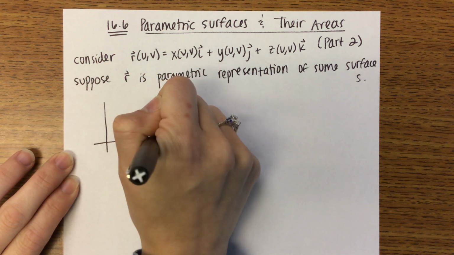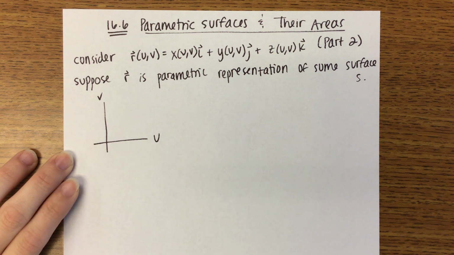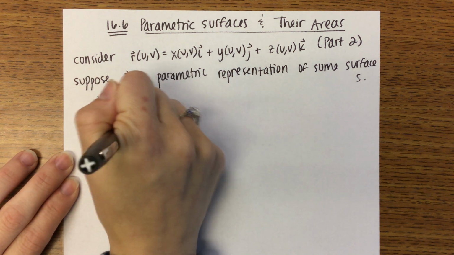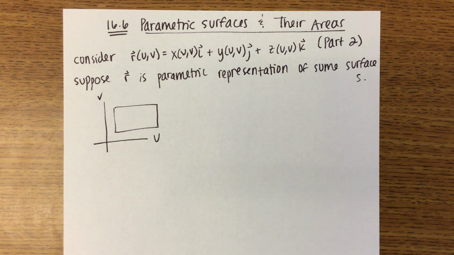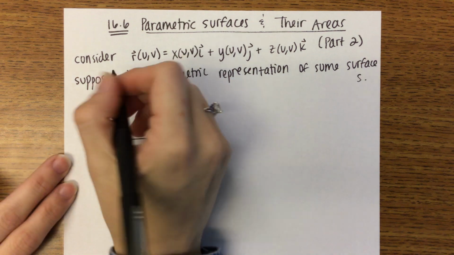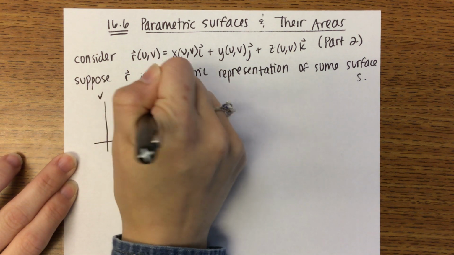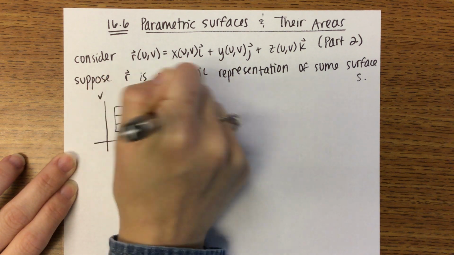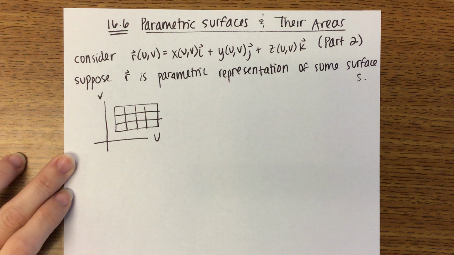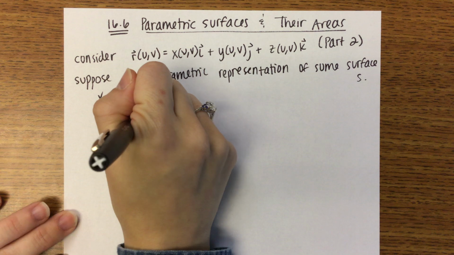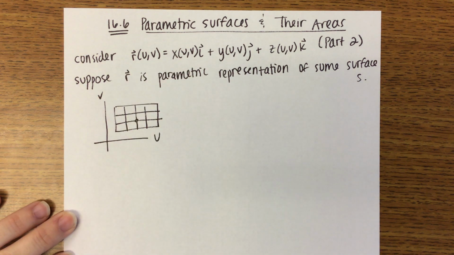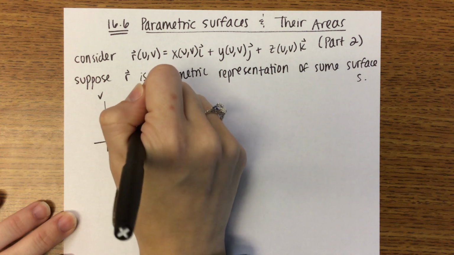So D is some region that's defined in the uv plane. Let's just suppose that D, the region that u and v is defined on, is a rectangle. Now what we normally do is we split this up into pieces, and then you choose some point. Let's suppose I'm going to choose the lower left-hand point of this region.